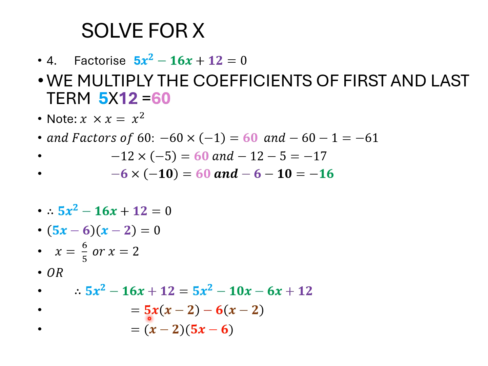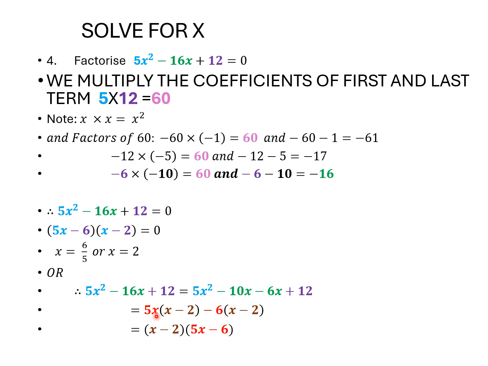5x squared divided by 5x gives me x, minus 10x divided by 5x gives me minus 2. Take out minus 6 as a common factor, minus 6x divided by negative 6x. The negative 6's cancel and I'm left with x. Positive 12 divided by negative 6 gives me negative 2. Right, now you see this bracket and that bracket are the same, separated by a minus sign, so I can take it out as a common factor and I have x minus 2.